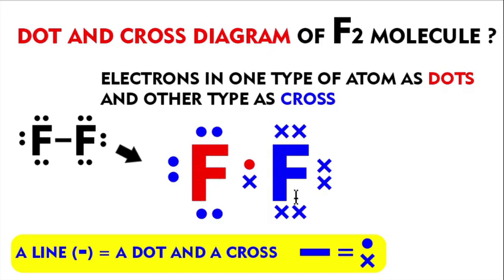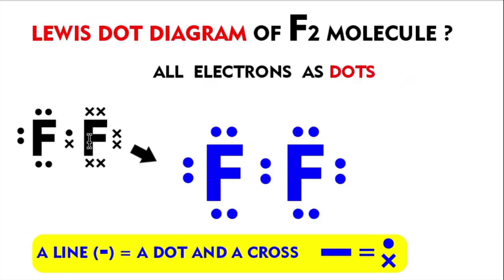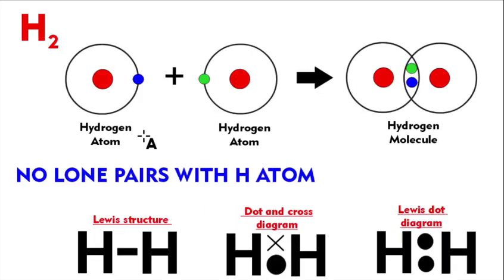Dot and cross diagram: one type of atom as dots, the other as crosses. So remember, in a bond pair, usually you have a dot and a cross, because that's a shared pair. In dot diagram, we show all the electrons in dots. So these are the 3 methods of drawing the diagram.